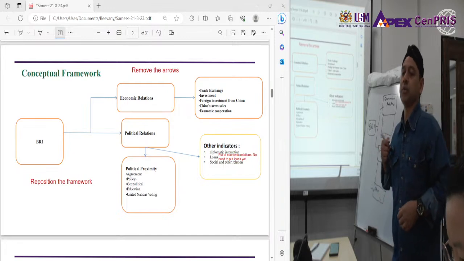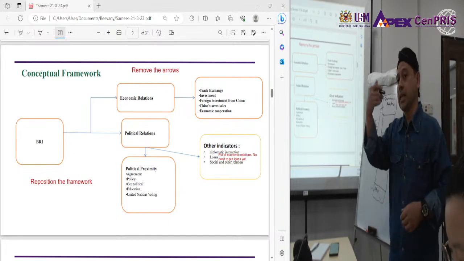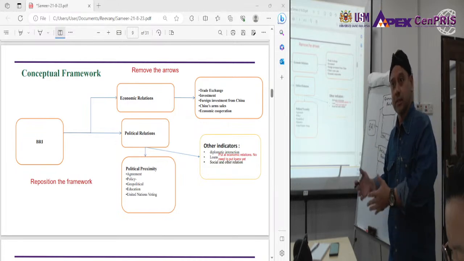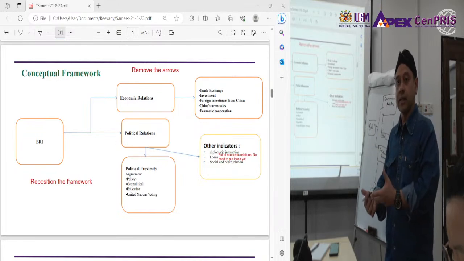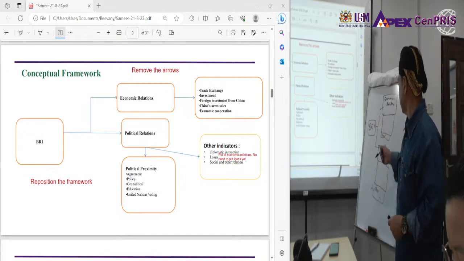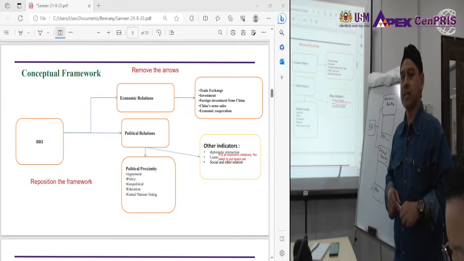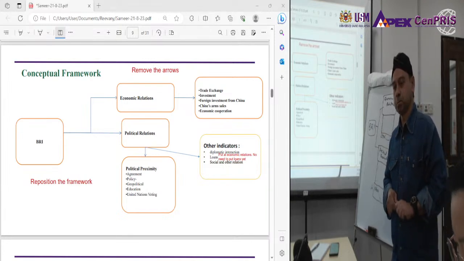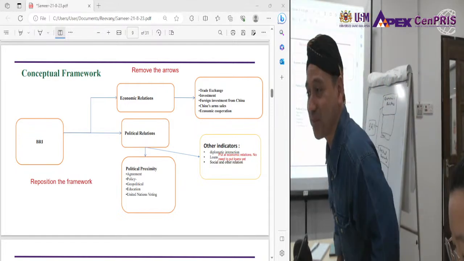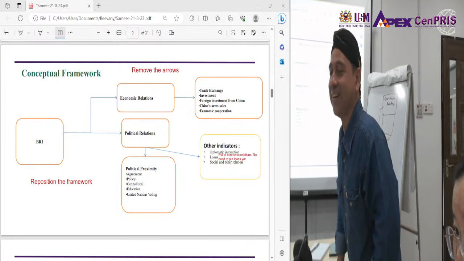If they ask you what is others, this is under the next phase. If you find more relevant data, you can include it. If you don't find any relevant data, you won't include it. So you can put 1, 2, 3, 4 inside, the same as this one, under economic relation.